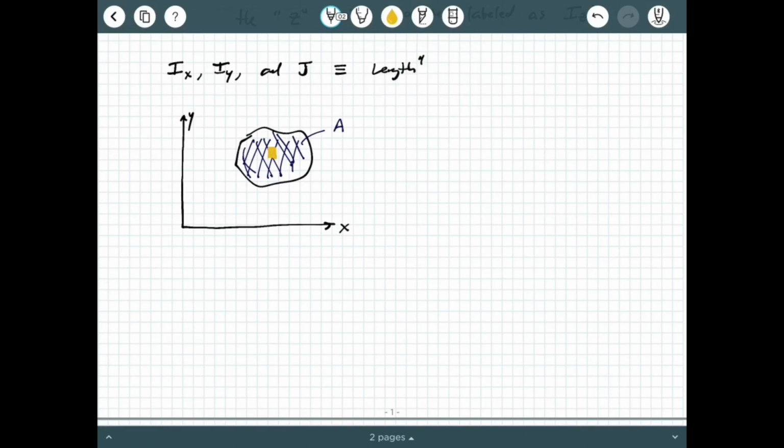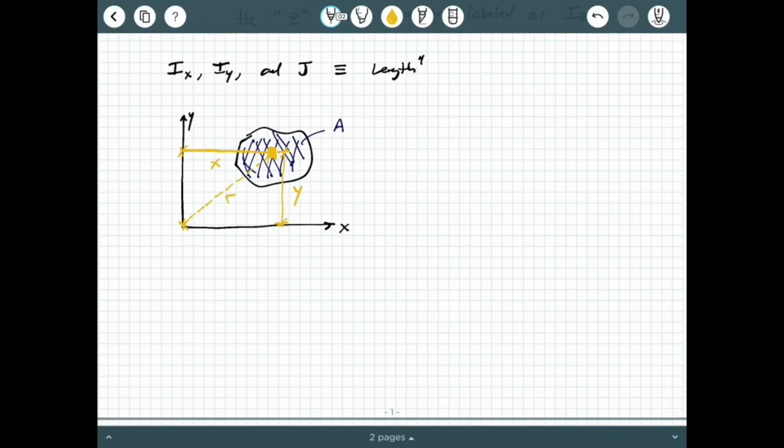We're going to say that this differential area has a perpendicular distance from the x-axis called y, a perpendicular distance to the y-axis called x, and then a radial distance to the origin called r.